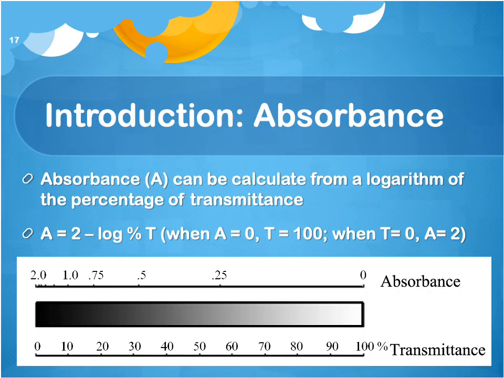However, the term absorbance, capital A, is commonly used in practice. Absorbance can be calculated from 2 minus the logarithm of percentage of transmittance. Therefore, the absorbance is a log scale from 0 to 2, and it can be read accurately in the range of 0.3 to 0.6 for an analog spectrophotometer. Therefore, a concentrated solution should be diluted before the test for accurate reading.